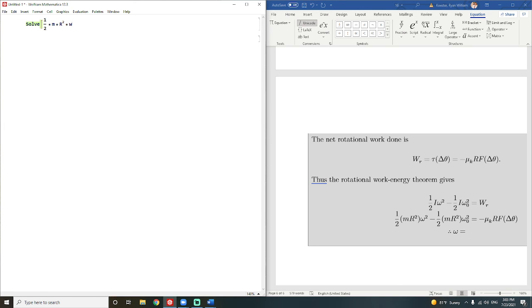I'm going to use W for omega, even though this is something you should never do, and a big W for omega naught. I'm going to call mu u. R and F can stay as they are. And let's say that theta is just O.